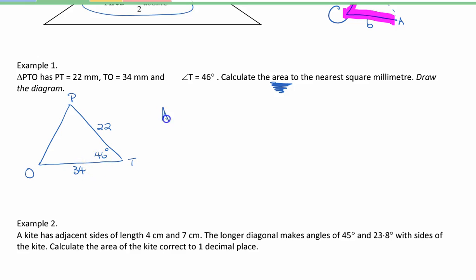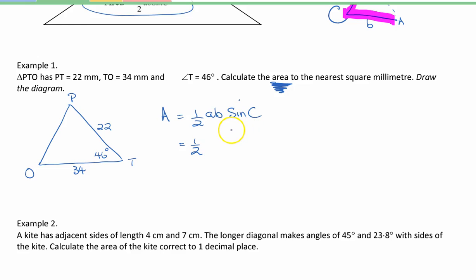We could go straight to area is a half of AB sine C. We know that A and B are the two sides, and C is the angle between them. So we've got a half. We don't even really need to put A, B and C on it if we understand the formula. Two sides and the angle between them.